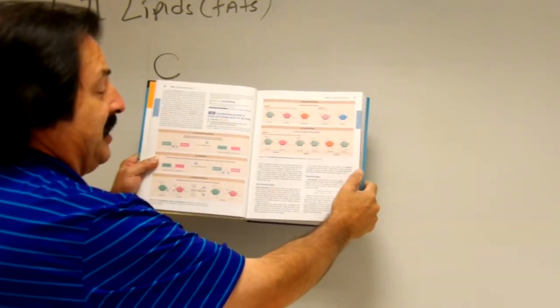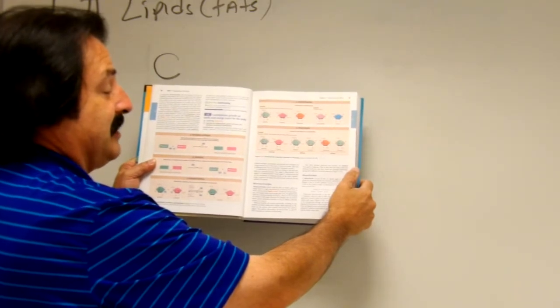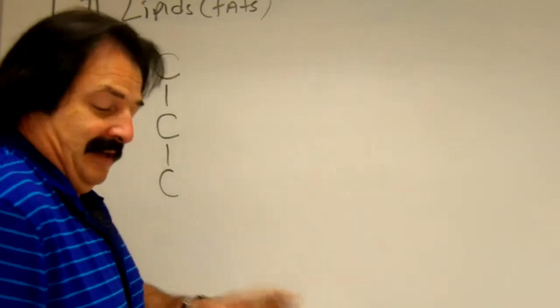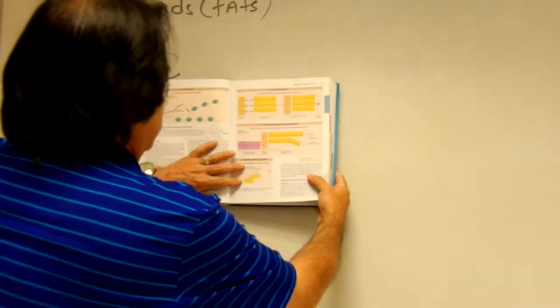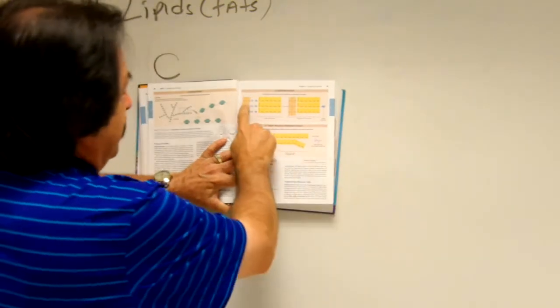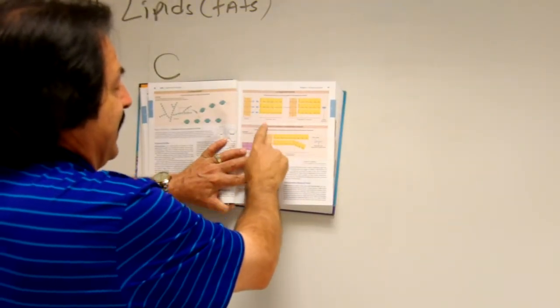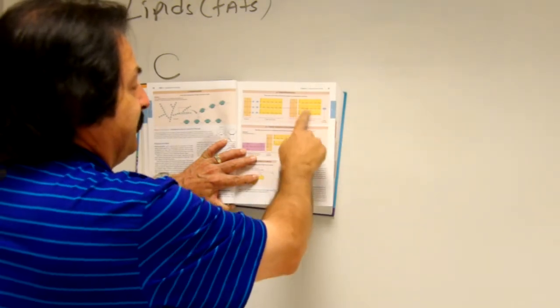They show the two-dimensional pictures of the molecules that we've just been doing. Turn the page, and this was our 3 carbon head and our 3 fatty acid tails, and this is our triglyceride or neutral fat.